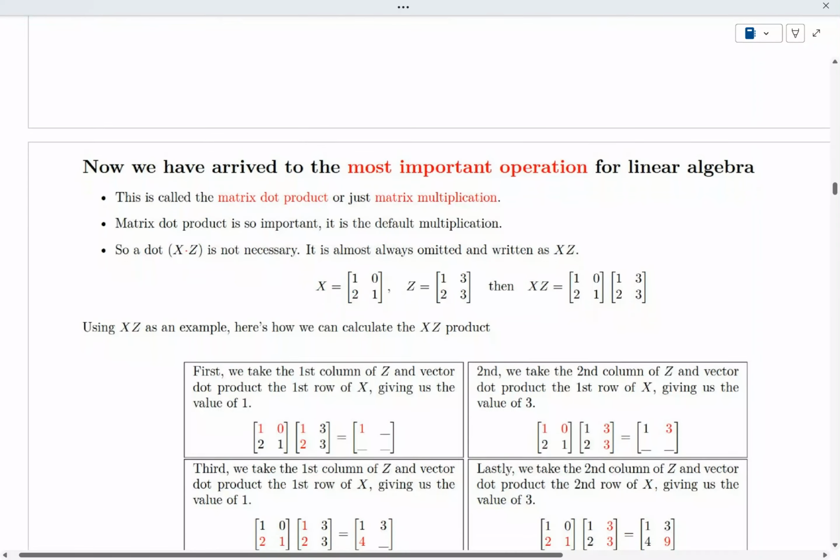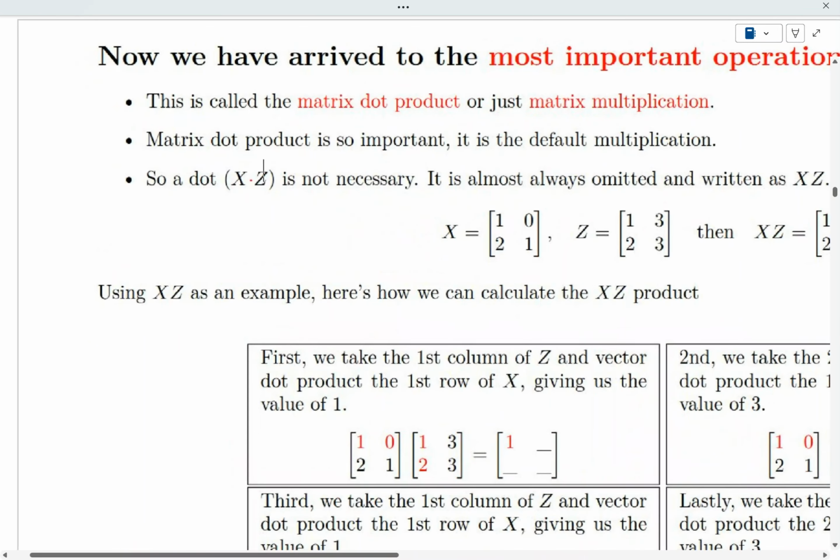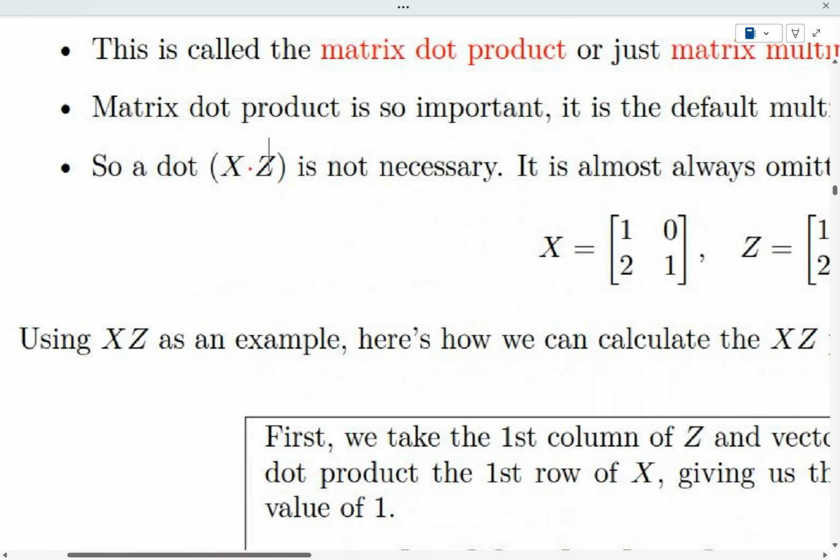And now we're ready to move on to the most important operation. This is the most important operation for linear algebra, and this is called the matrix dot product. We previously learned the vector dot product. Now we are learning the matrix dot product. Traditionally you can write the dot, right? Symbolically, you can say just x dot z.